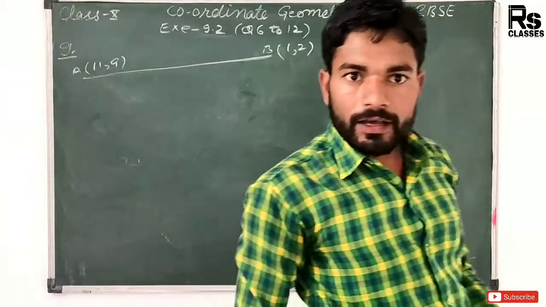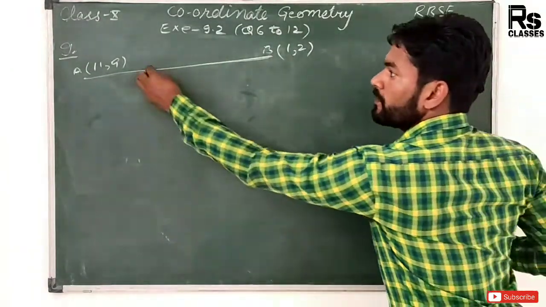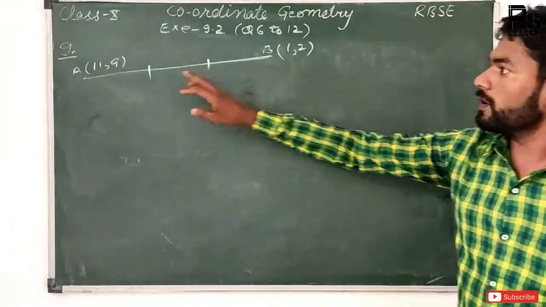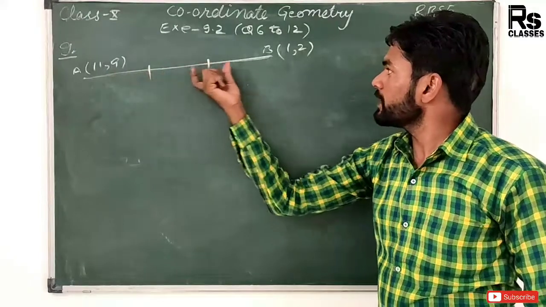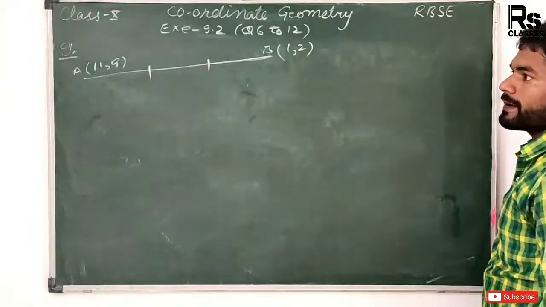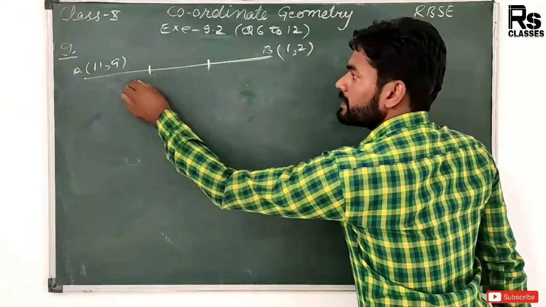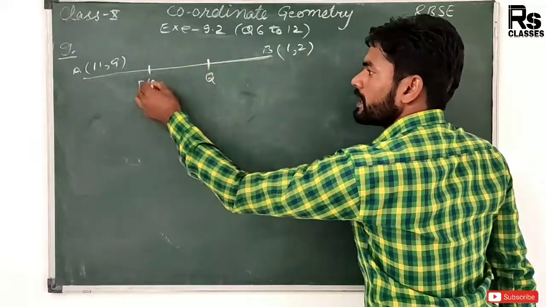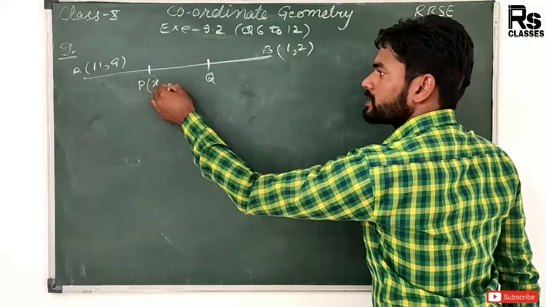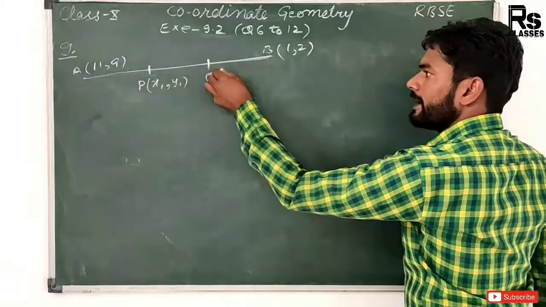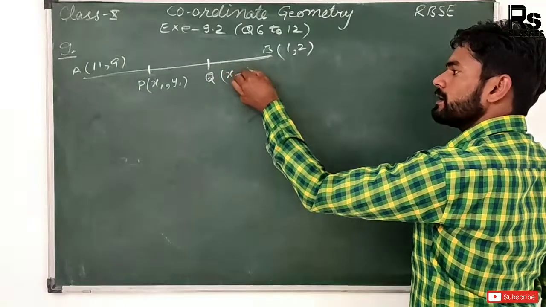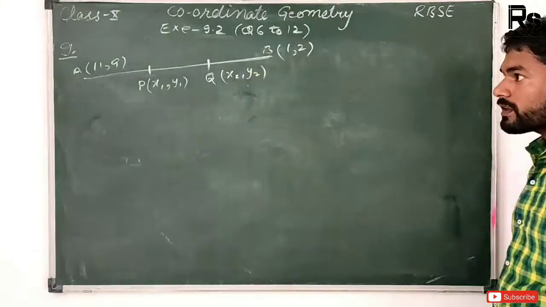So to divide AB in 3 equal parts, we have to use 2 points which lie on AB. Now 1, 2 and 3, these are 3 equal parts. This is the point, let's suppose P, and this is the point Q. Coordinates of this point are let's say x1, y1, and coordinates of this point are x2, y2.